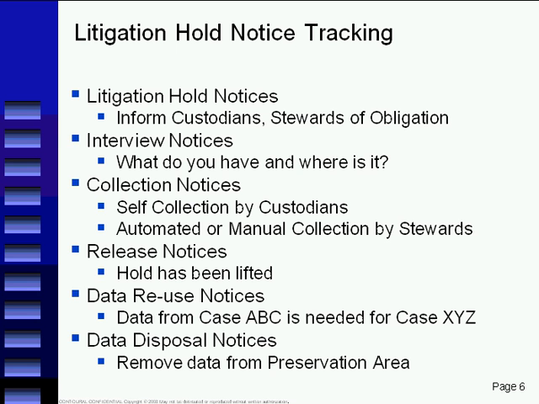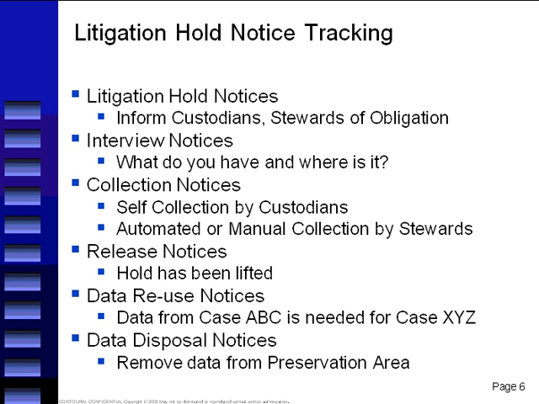So the litigation hold and notice tracking, this is a key component that really at the onset of litigation itself, this is an area where automation can really be effective. A lot of the times we will go out and talk to clients and we will see a wide variety of processes that are in place for actually being able to track or implement any type of litigation hold.